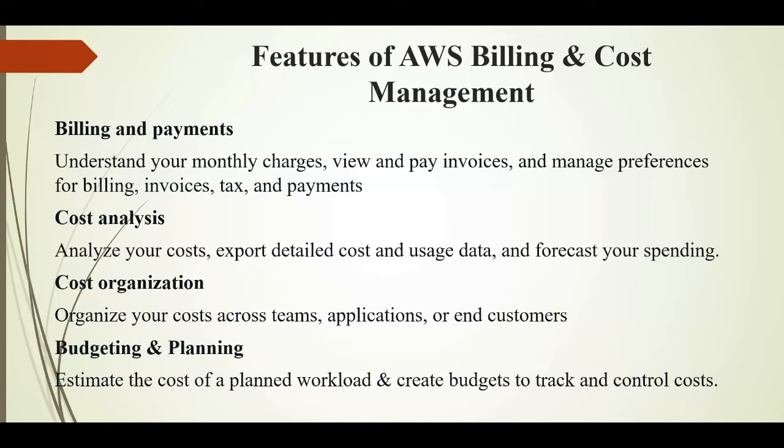The next is budgets and planning. Estimate the cost of a planned workload and create budgets to track and control the cost. In the budgets, you can set custom budgets for cost and usage to govern the cost across your organization, and you receive alerts when cost exceeds your defined thresholds. And also in the console pricing calculator, you use this feature to estimate your planned cloud cost using your discounts and purchase commitments.